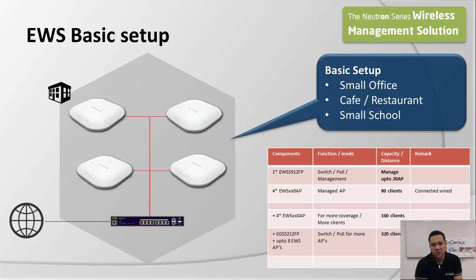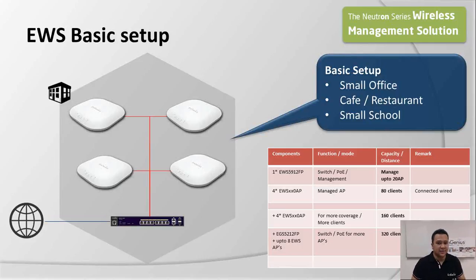So I would recommend to start with 4 access points. Later on, I will explain a little bit about the EasyMaster, and even without an EWS switch, you can still manage access points on a certain level.